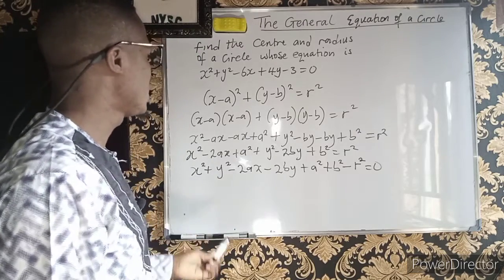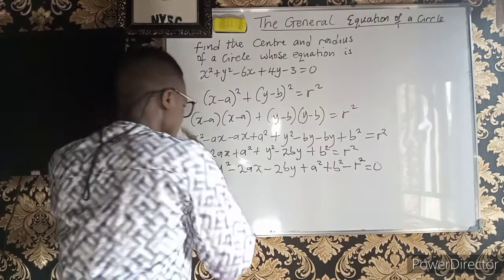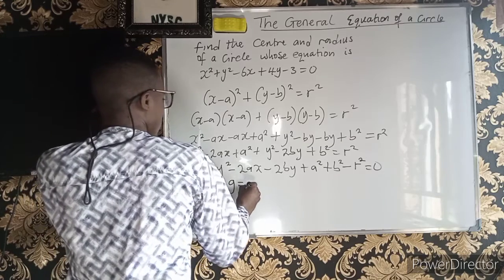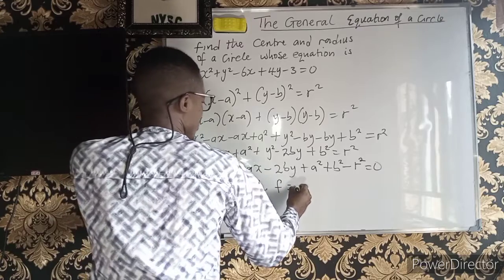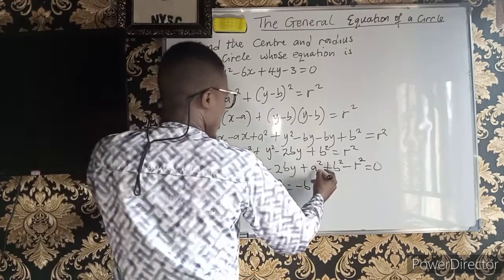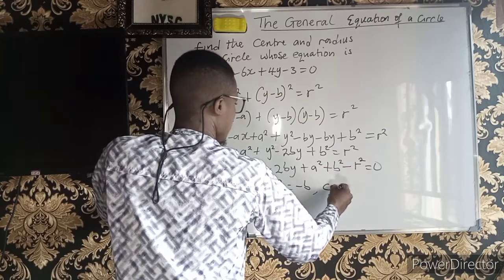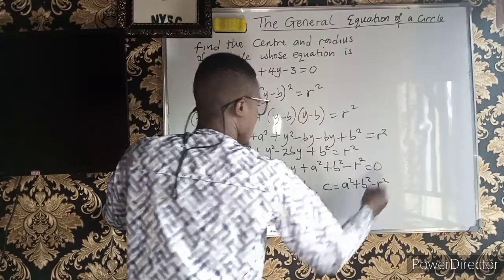But if you want to still go further, you can say let g be equal to −a, and let f be equal to −b, and let all these constants, a² + b² − r², be equal to c. So c = a² + b² − r².